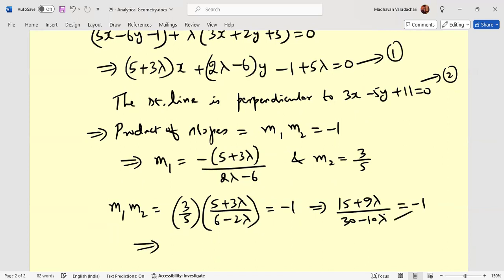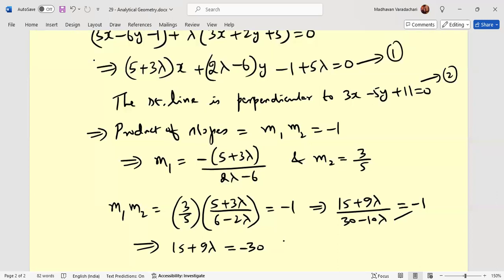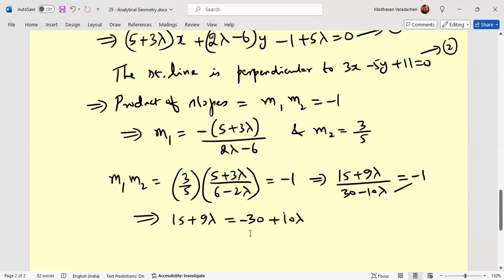Cross multiplying, we get 15 plus 9 lambda is equal to minus 30 plus 10 lambda. Now take that negative 30 to the left-hand side. It will become 15 plus 30 equal to 10 lambda minus 9 lambda, which is lambda. So lambda becomes 45.